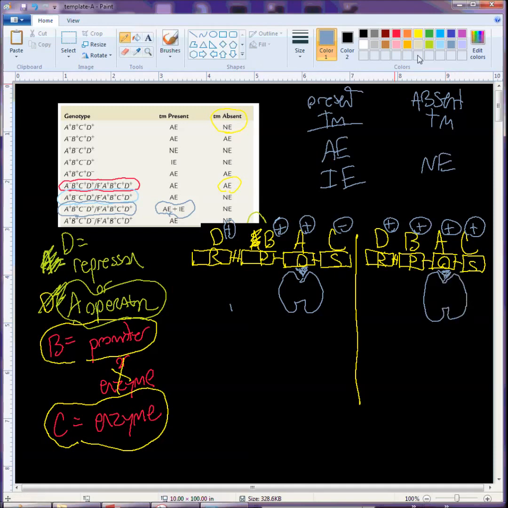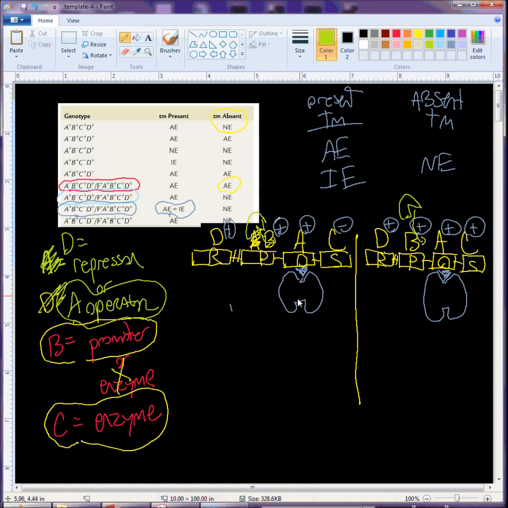As a result, RNA polymerase is going to try and bind. Oh, it's going to bind to the promoter, but it's not going to be able to transcribe the structural genes in either case because the polymerase is blocked at the operator.